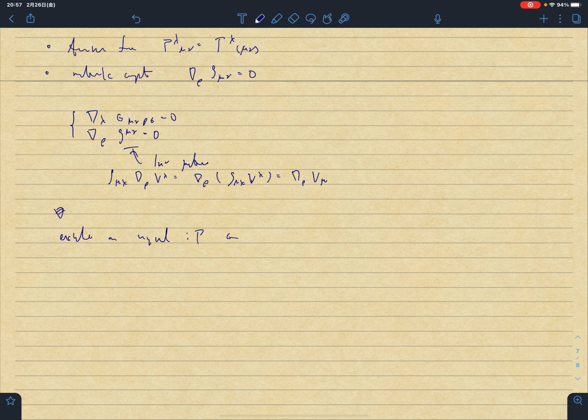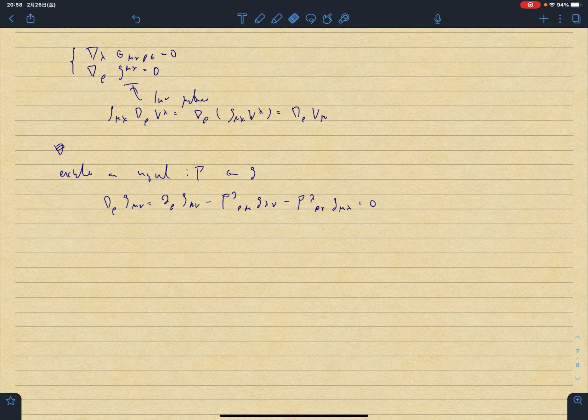Delta rho g mu nu equals gamma lambda rho mu g lambda nu plus gamma lambda rho nu g mu lambda.